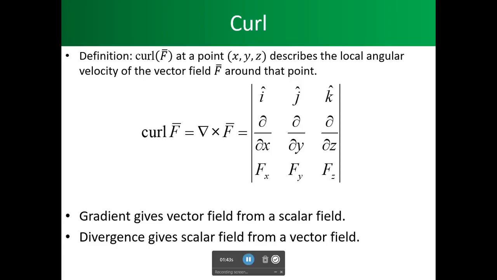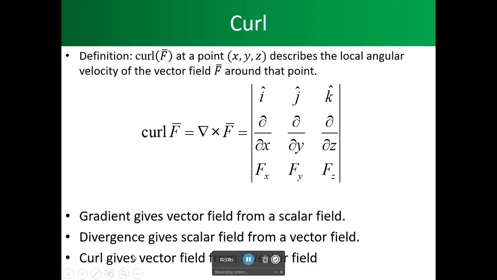Now, when we start doing this, you'll be able to see that we can feed one into the other. So if we do a divergence and we wind up with a scalar, then we can use this divergence back into our gradient to come back with a vector. Notice that.